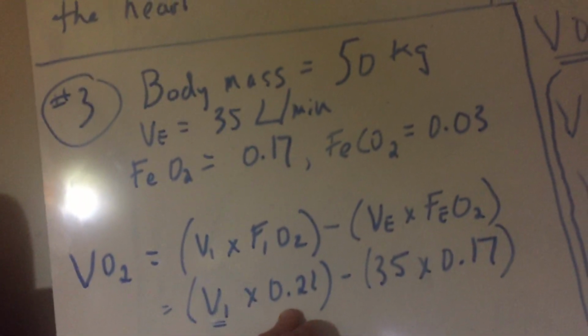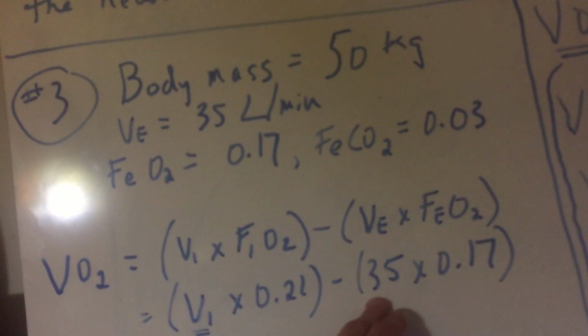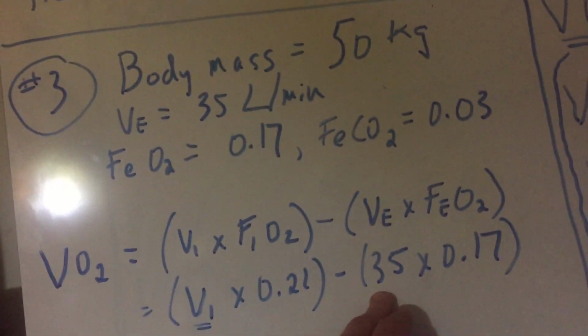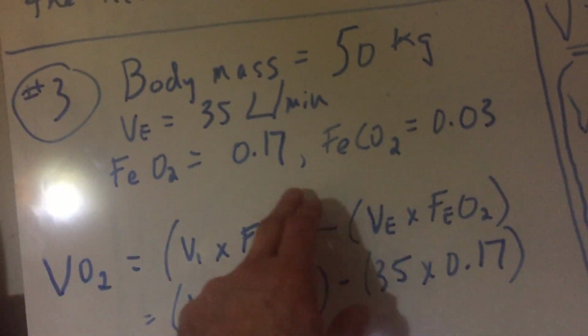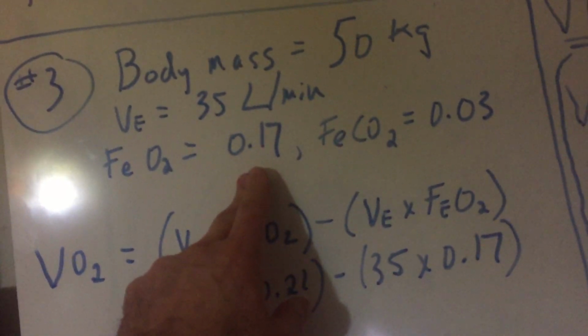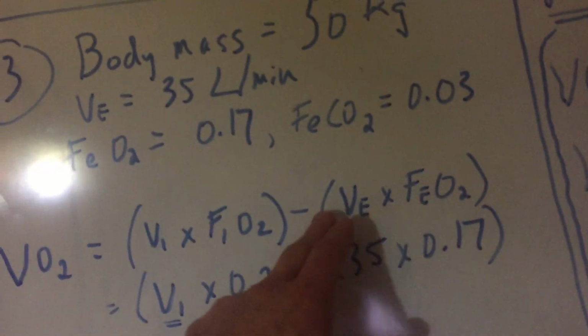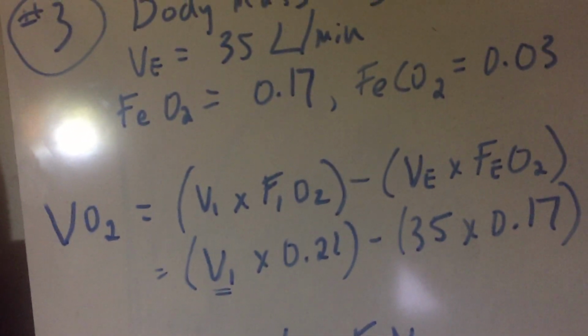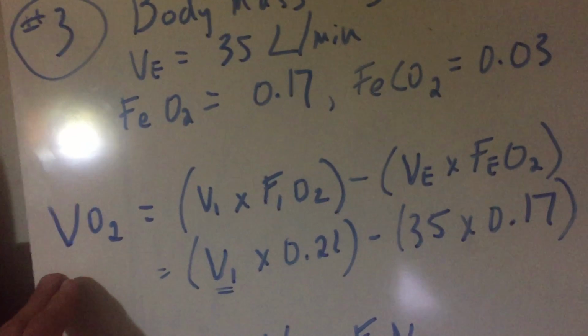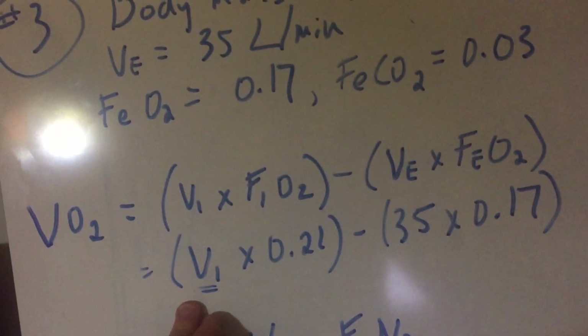In the question, I've given you the ventilation expired, which is 35 liters per minute, and I've also given you the fraction of expired oxygen as measured by the metabolic cart as 17%. So we have this side of the equation solved. The only thing we have to solve to get VO2 is that ventilation inspired.